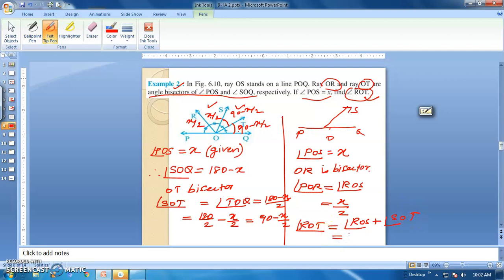ROS is X by 2 plus SOT is 90 minus X by 2. So the plus X by 2 and the minus X by 2 get cancelled, remaining 90 degrees. So angle ROT is 90 degrees. So that is the procedure.